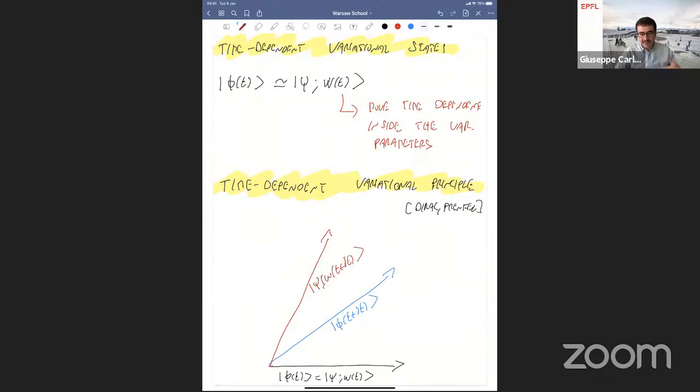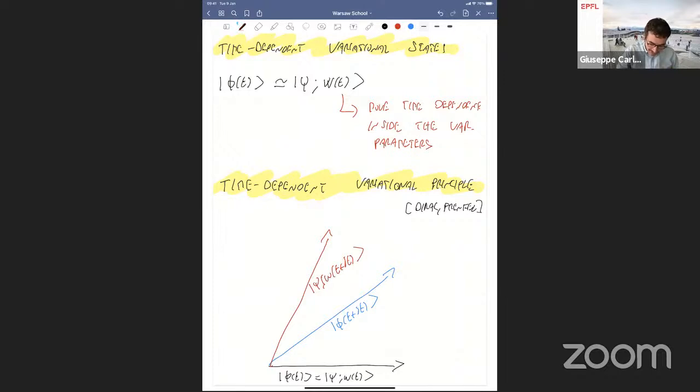In other words, I'm changing all the parameters by some amount, and at time t plus delta t my variational vector, which is just a vector in the space of all possible states, will rotate too, but this rotation is parameterized by how much I'm changing the variational parameters.